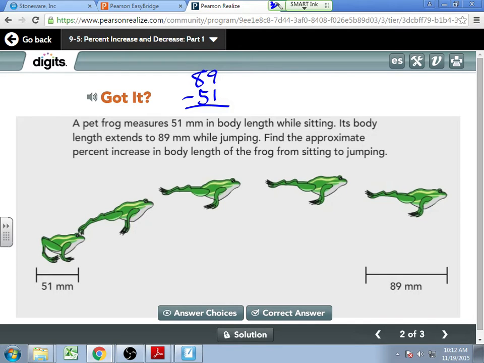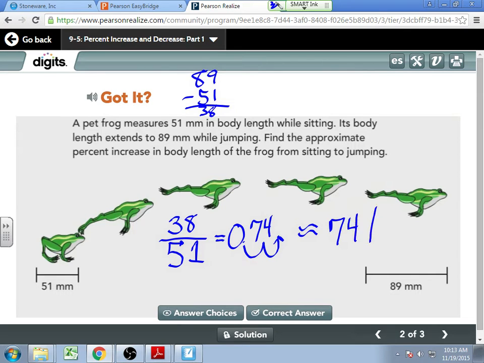Which is 38, and 38 would be the change, because the question says from sitting to jumping. That means the sitting, which was 51, would be in the denominator. Divide. It gives you 0.74, and then some other stuff. Move it over by 2, and it gets you 74. So we get approximately 74.